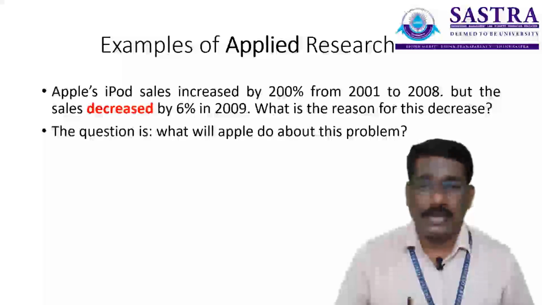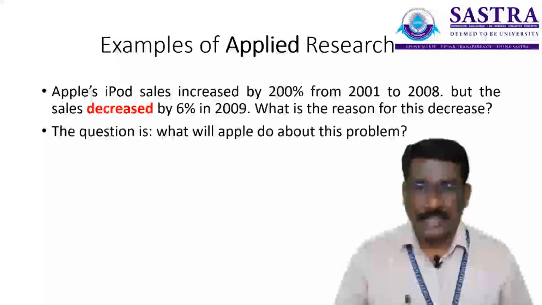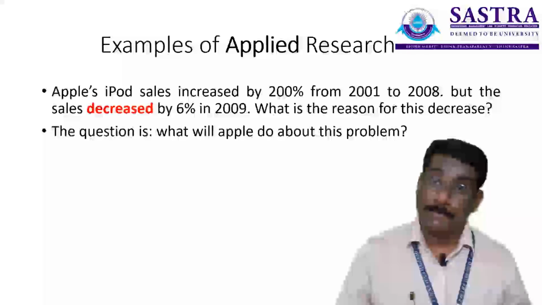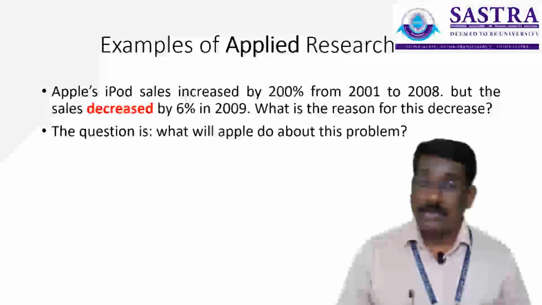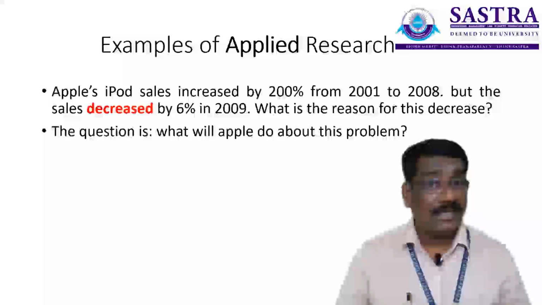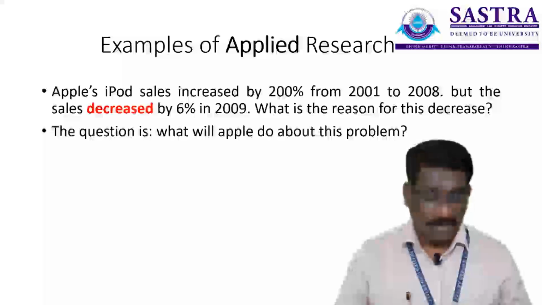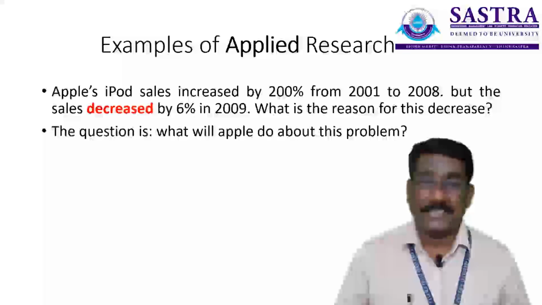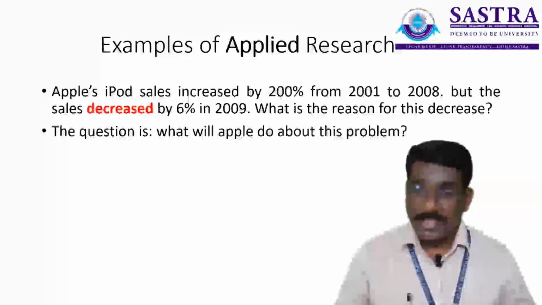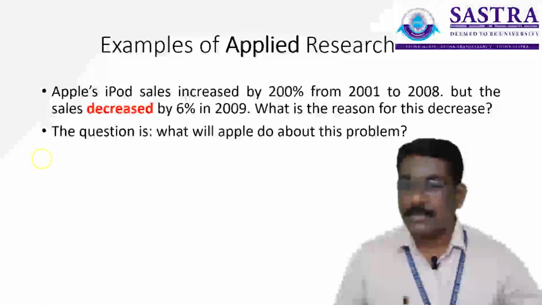Now, in our case also, I was talking about sales declining, and we need to identify the associated factors, whether it is due to promotion or advertisement or distribution or consumer acceptance or public relations or publicity. What is the real factor which is not accepted by the consumer, which is putting down the sales? That you need to identify only through the research process.